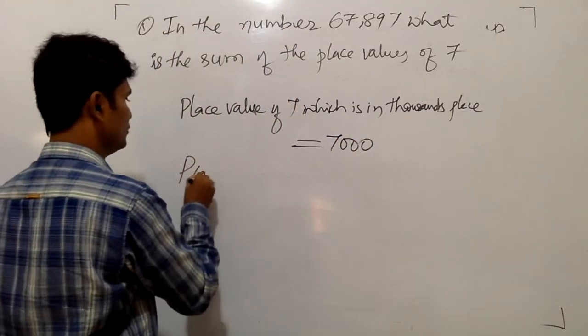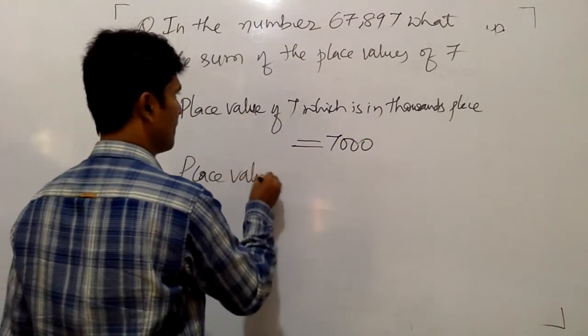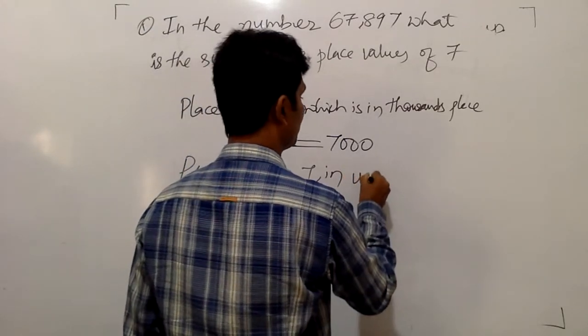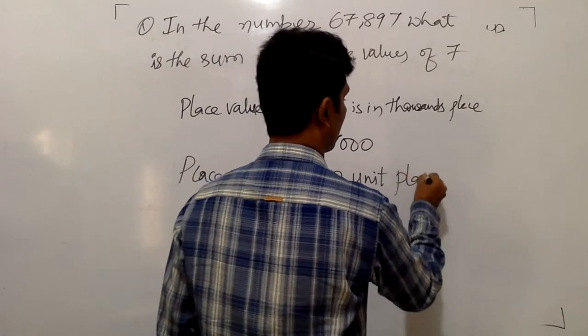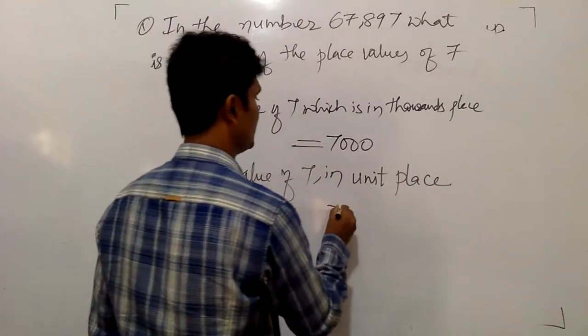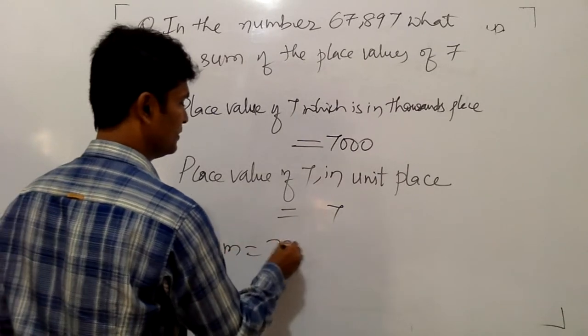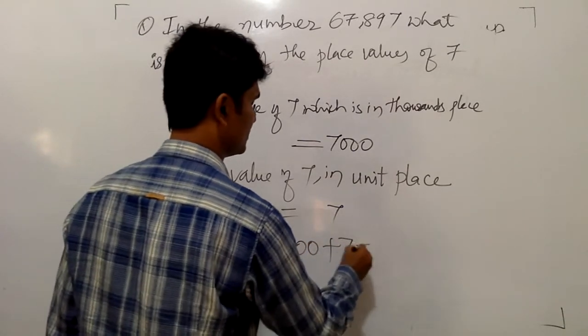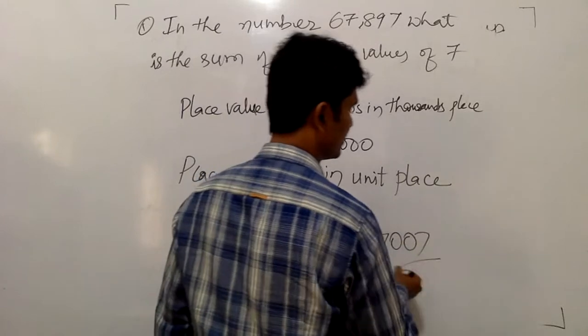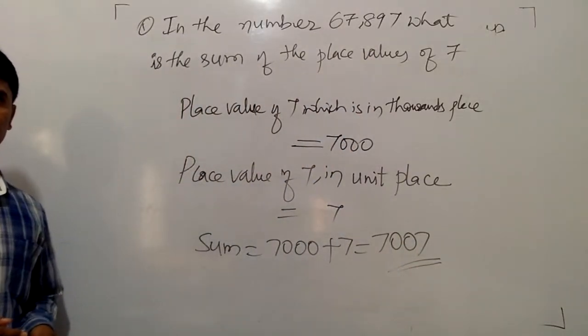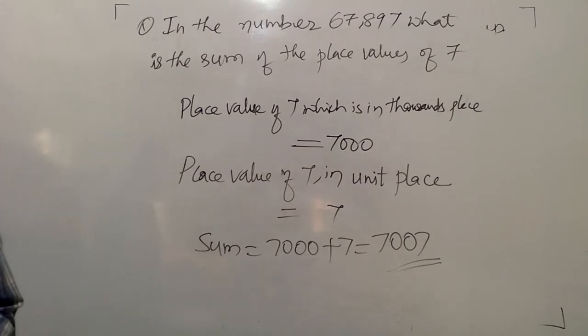Then the place value of 7 in the unit place is equal to 7 only. Then the sum is 7,000 plus 7 is equal to 7,007. This is the answer. Okay.